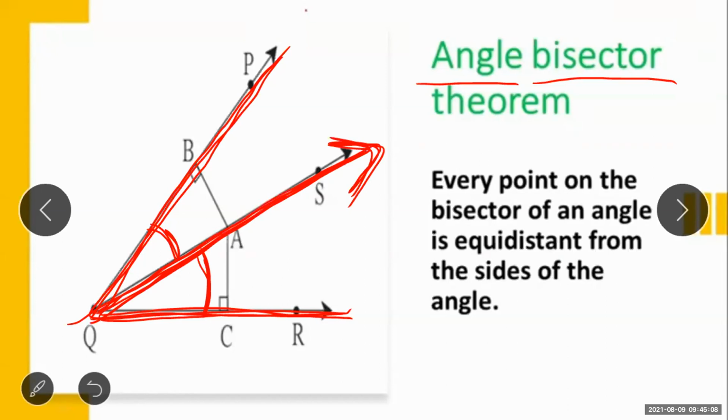Then that ray is called the angle bisector.